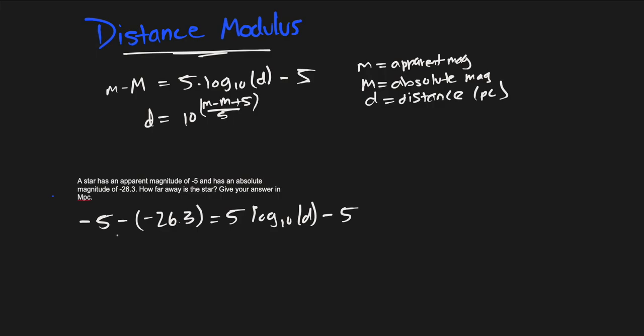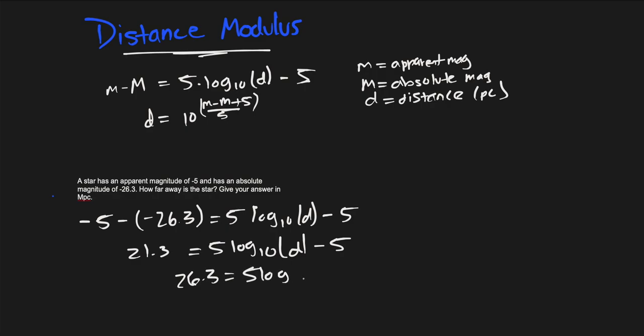We can just solve this: -5 plus 26.3 is equal to 21.3, and then that's equal to 5 log 10 of d minus 5. We can add 5 to both sides, so we get 26.3 equals 5 log of d. And if we divide by 5, we get log of d equal to 5.26.